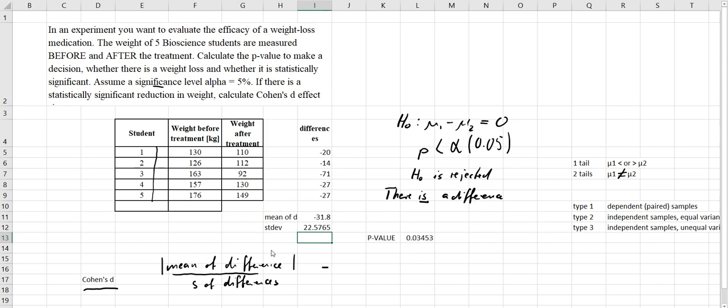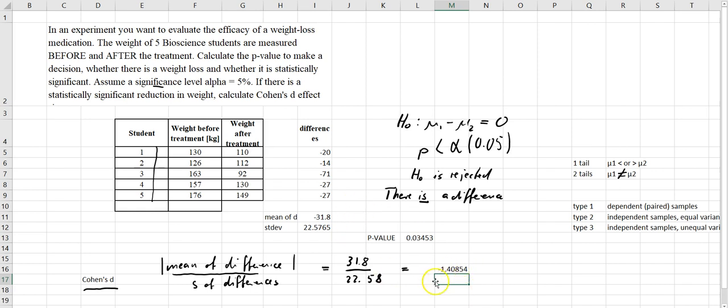So here we have Cohen's d equals 31.8 divided by 22.58, and that gives us, let's just simply do this calculation, equals mean of the differences divided by the standard deviation of the differences.